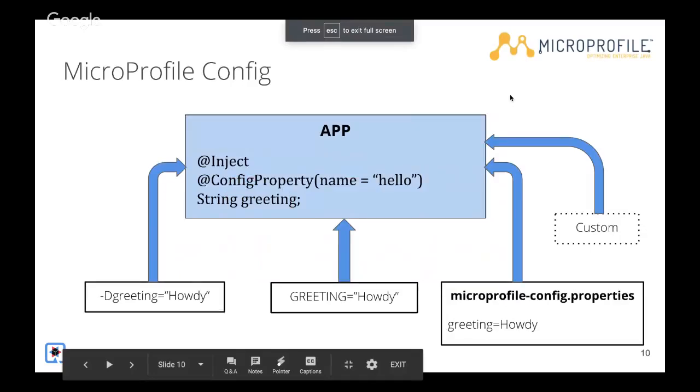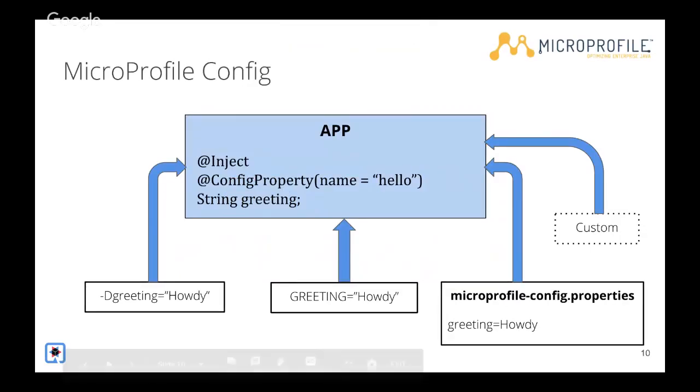And talk a little bit about MicroProfile Config. A good microservices development style, kind of a 12-factor app, is you want to externalize your application configuration. You can do that with MicroProfile Config, where you can inject the value of a property into your application. Behind the scenes, there are multiple property sources, config sources.